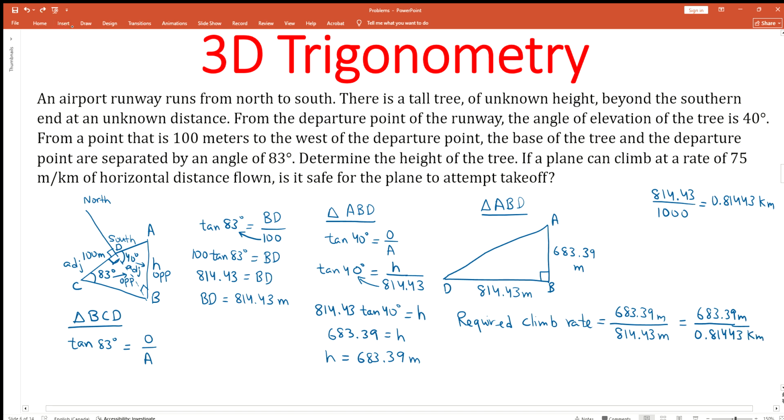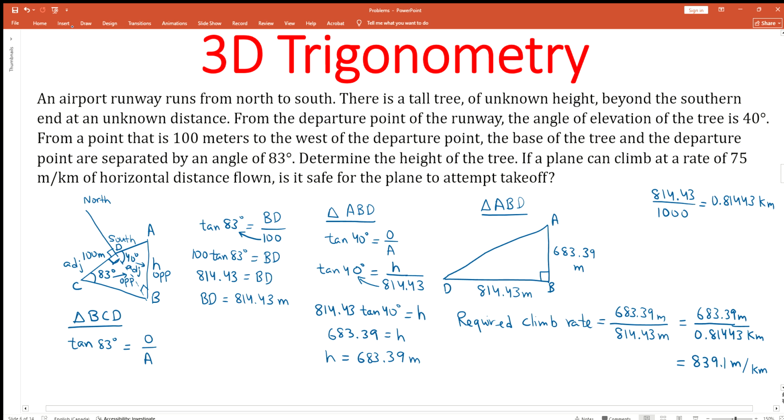We can divide the numbers. I get 839.1 rounded to 1 decimal place and the unit is meter per kilometer of horizontal distance. This means that in order for the plane to successfully fly above the tree, the climb rate of the plane should be 839.1 meter per kilometer of horizontal distance flown.